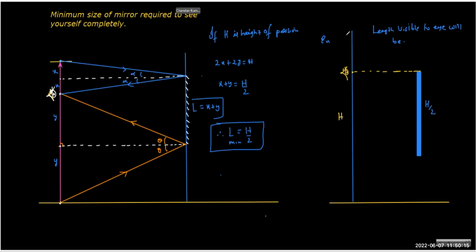So this is, let's call it small h. The eye level is small h below. Now what I'm giving, this is not a good question. This is easy to solve.